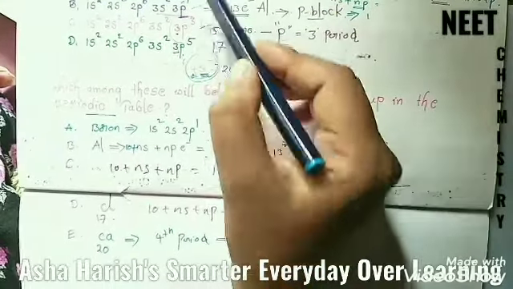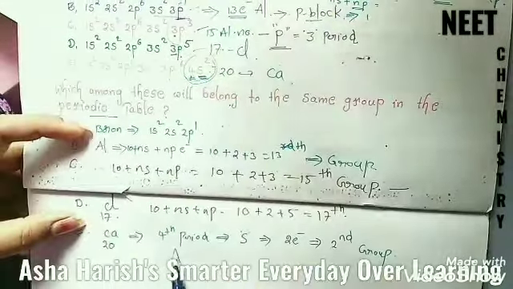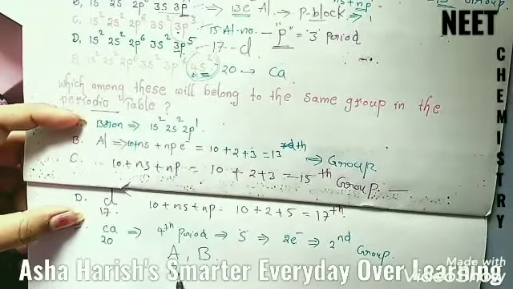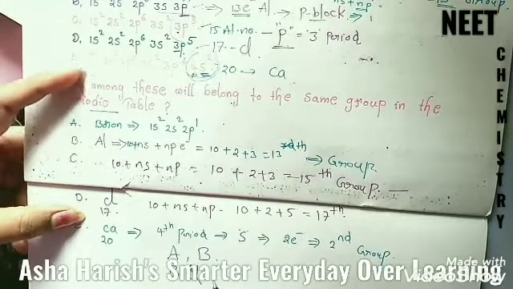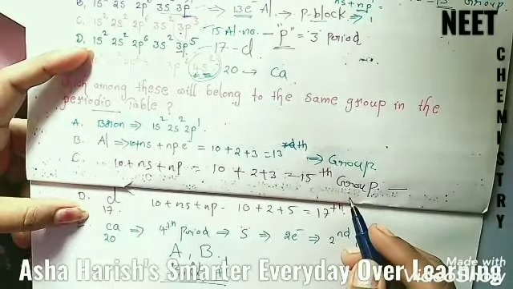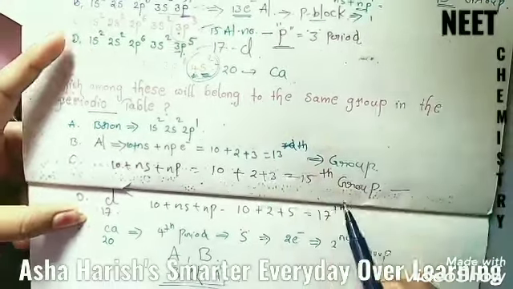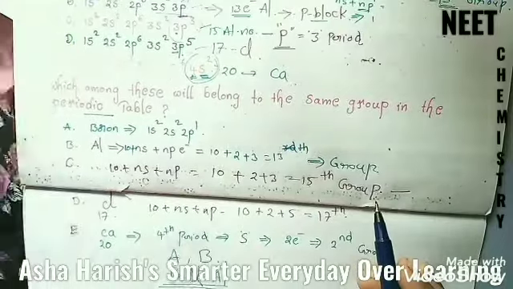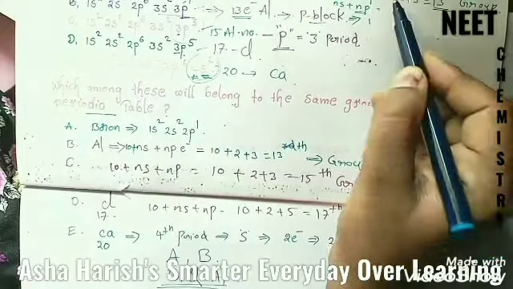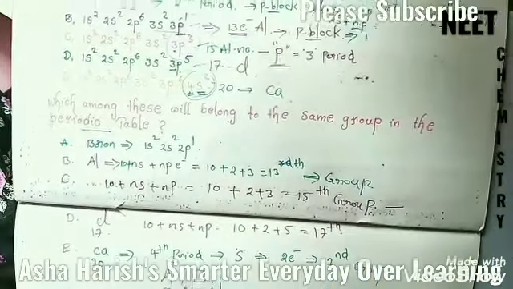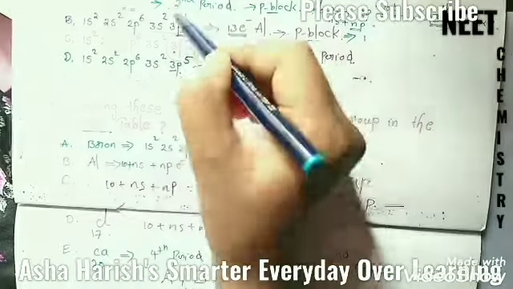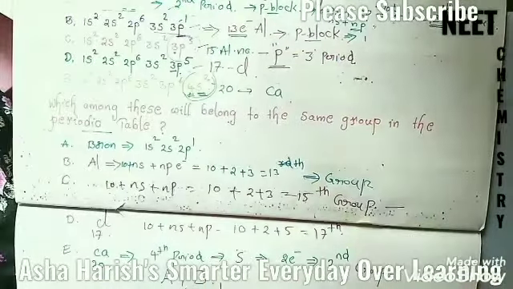So options A and B, nothing but boron and aluminium, belong to the same group in the periodic table, that is the 13th group. We added 10 plus Ns electrons and Np electrons and got the group number respectively.